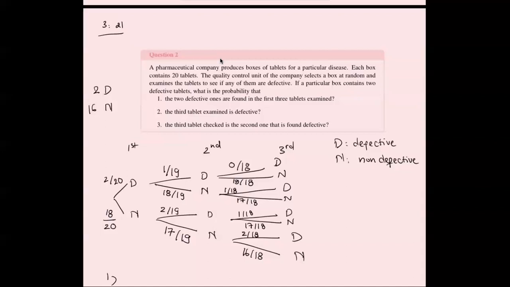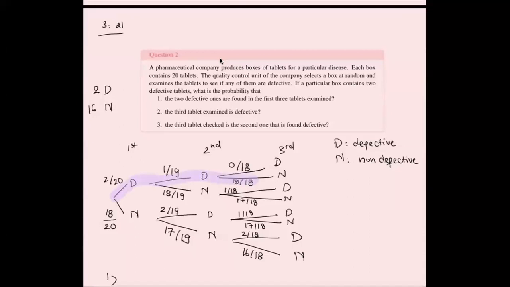You will realize that each of the paths here represents one possible outcome when you examine three tablets. So these represent the first one is defective, the second one is defective, and the third one is non-defective. We are interested in those outcomes such that there are two defectives.